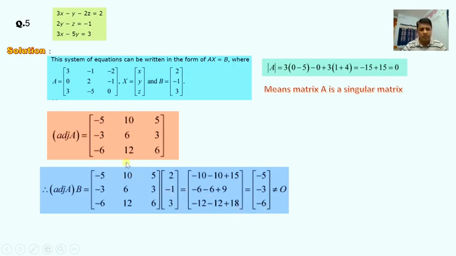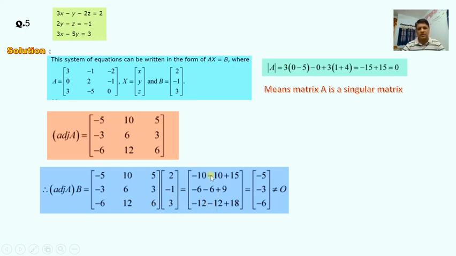So the same procedure, multiplying this row with this column: minus 5 into 2 is minus 10, 10 into minus 1 is minus 10, and 5 threes are 15, this one here. Next row here: minus 3 into 2 is minus 6, 6 into minus 1 is minus 6, and 3 into 3 is plus 9 over here. And the last row: minus 6 into 2 is minus 12, 12 into minus 1 is minus 12, and 6 into 3 is equal to 18.